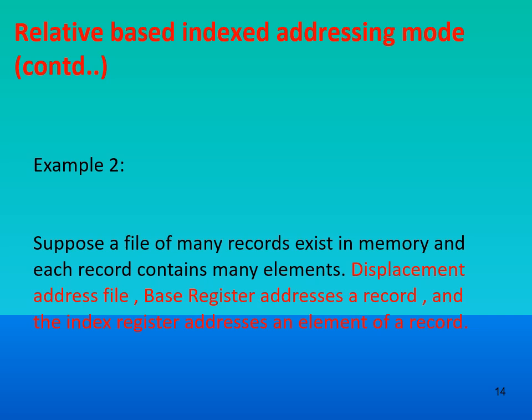You have reached that particular point. Now the base register addresses a particular record within that file and an index register will take you to a particular element within that selected record. So it is a very useful addressing mode.